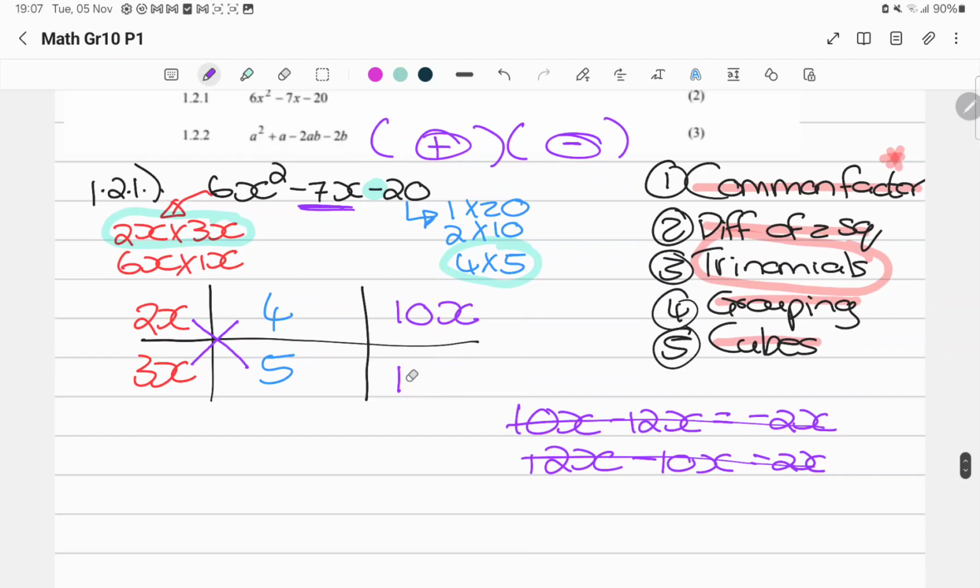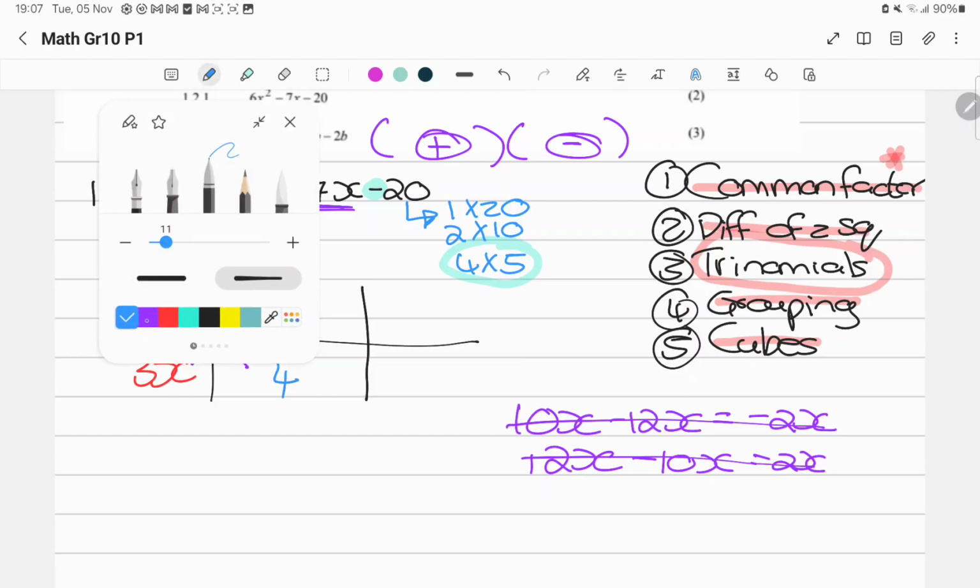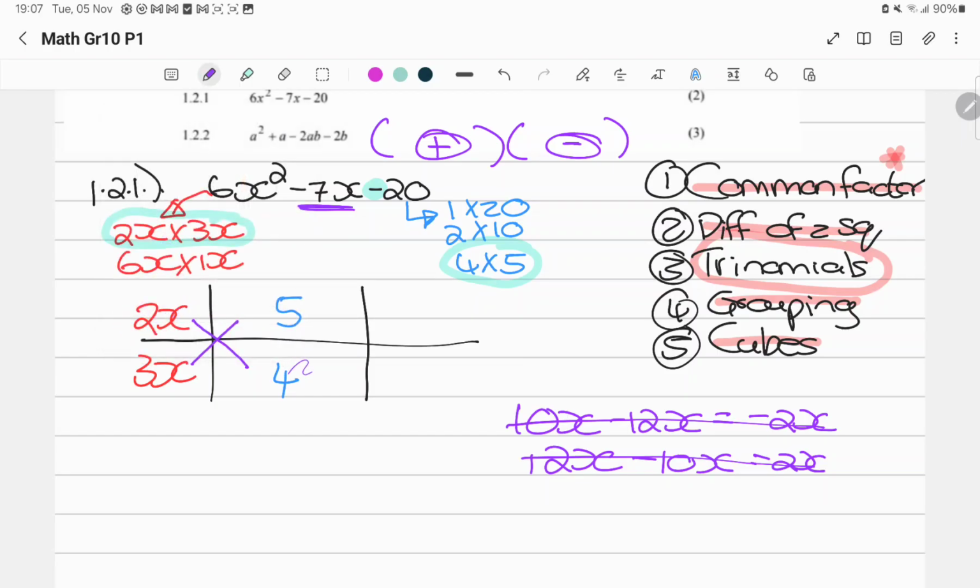So before I go and change my numbers, I always just first go and flip these two numbers around. So where I had 4 and 5, let's see, maybe it works if I have 5 and 4. Now I do the same thing. So I'm going to ask myself, alright, what is 2x times 4? It's going to give me 8x. And what's 3x times 5? That's going to give me 15x. Now once again, remember, one has to be positive, one has to be negative.